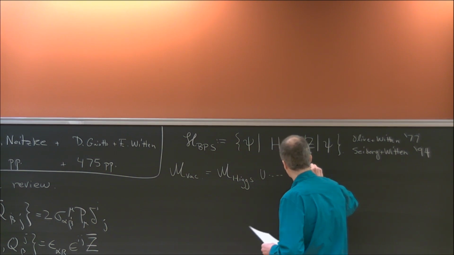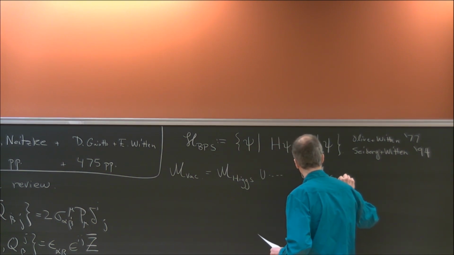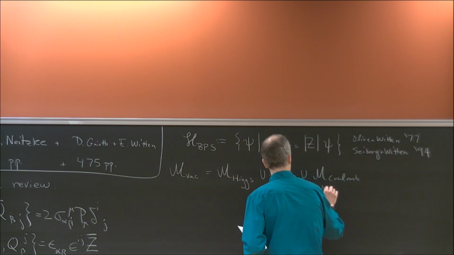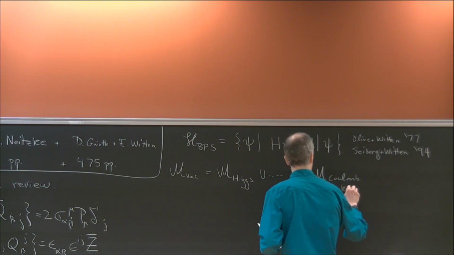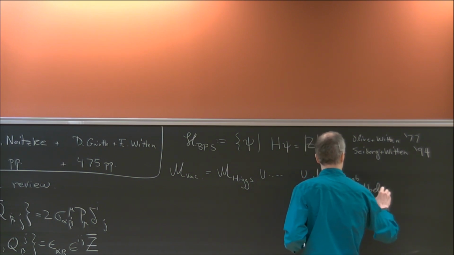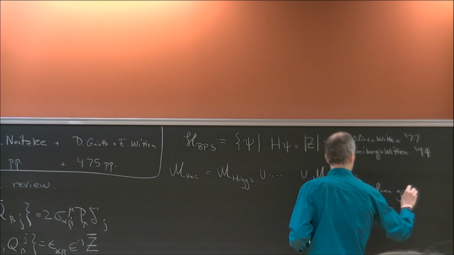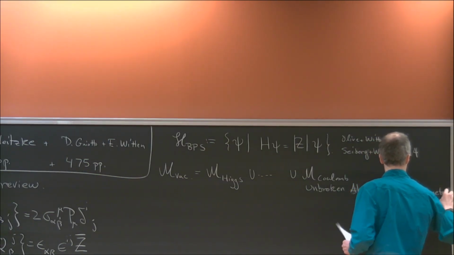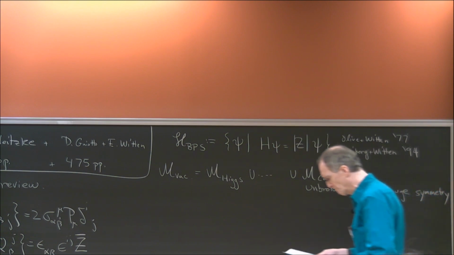The Higgs branches, and we're going to be concerned with the Coulomb branch, where, rather importantly, there's an unbroken abelian gauge symmetry. So this talk is completely focused on the Coulomb branch.